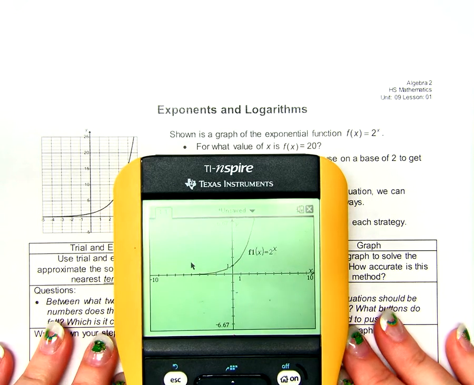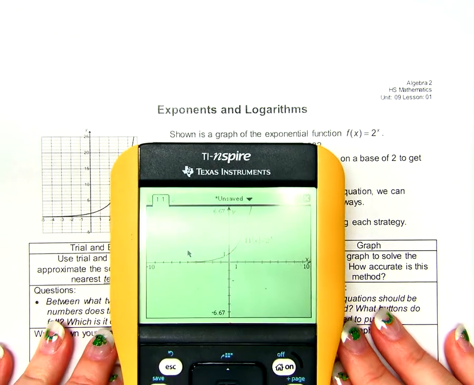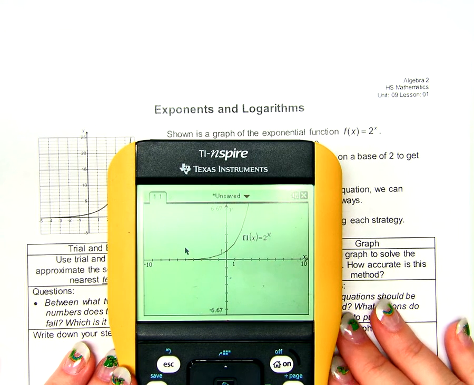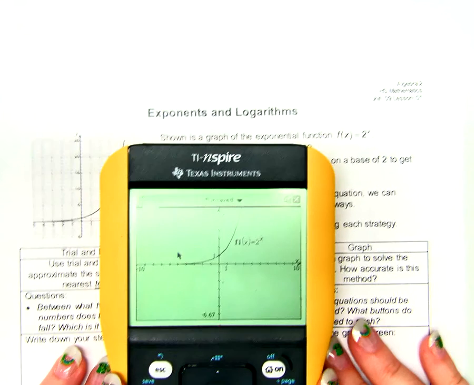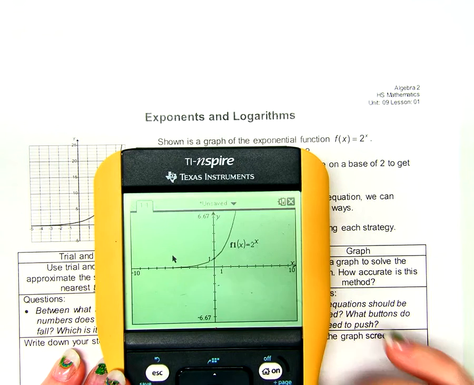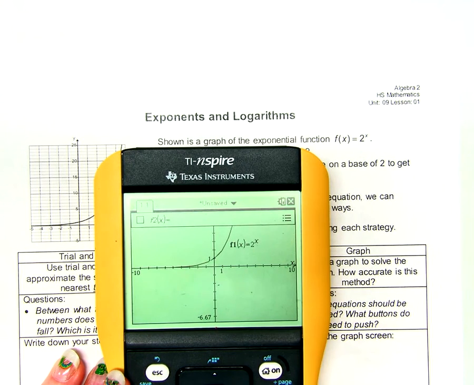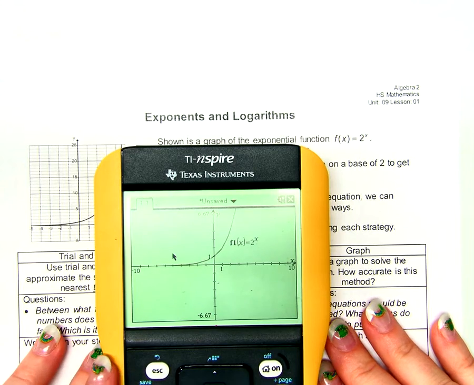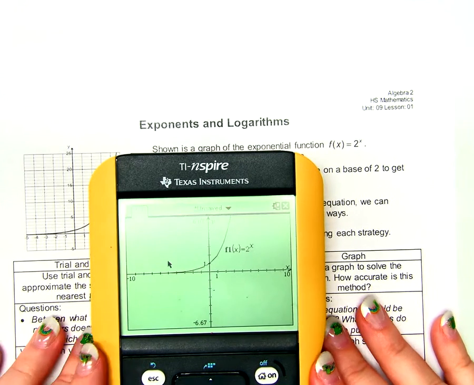So graph another line? So tab and put in 20? It's broken. Oh, my window's wrong.